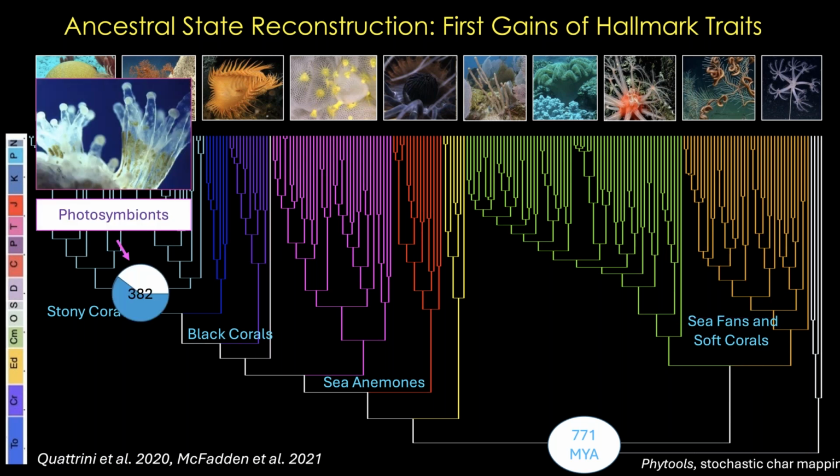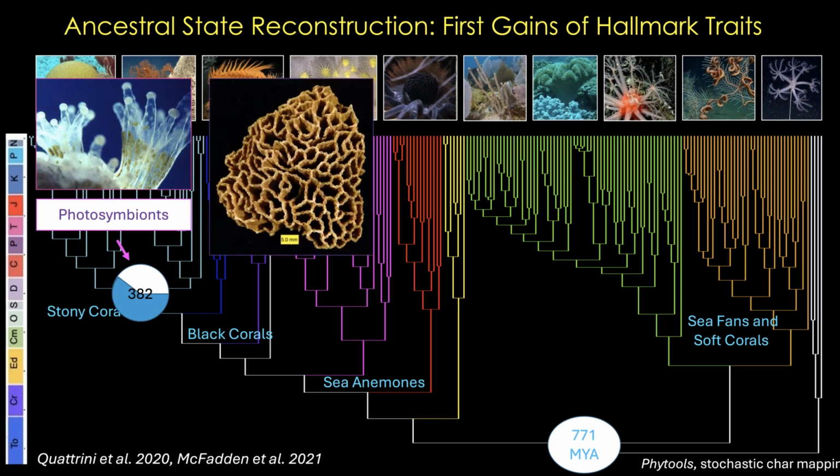We also see the appearance of photosymbionts in the Devonian, and this places photosymbiosis much older than what we previously knew. However, there is some indirect morphological and isotopic evidence that photosymbioses did occur in Silurian and Devonian tabulate and rugose corals.